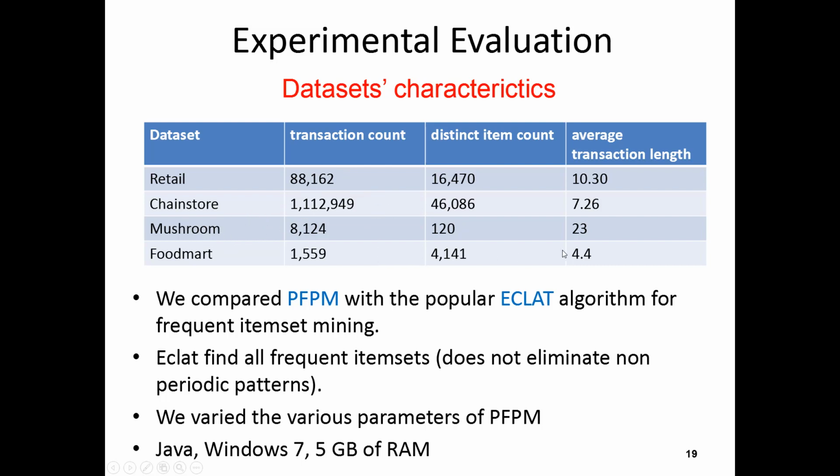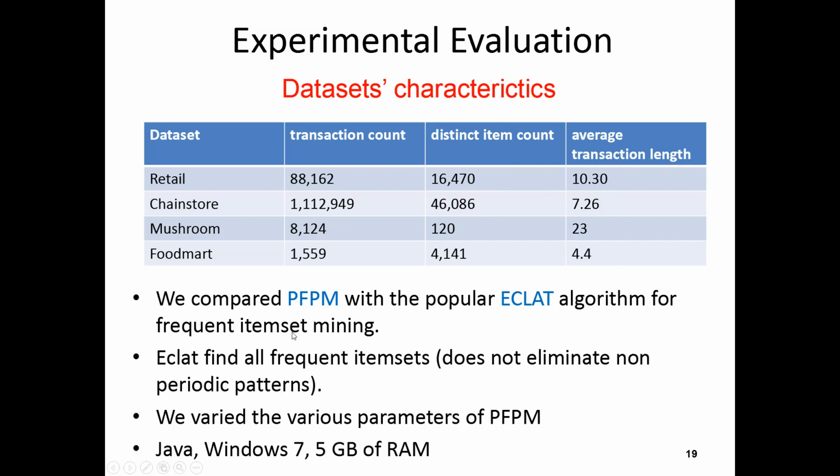So all our databases have different characteristics to see how the algorithm works on different kinds of data. Retail has 80,000 transactions, 16,000 different items, and the average transaction length is about 10. The other databases are different, so we can see different types of data.